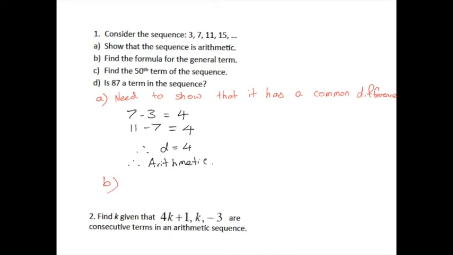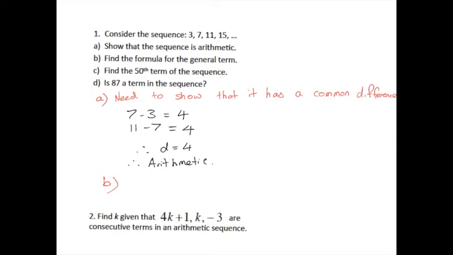B. So now I want a formula. I want that U_n. What's the other thing I need to know to find the U_n formula? We've got d. Look at the formula again on the previous page. What was that other thing? No, it'll be in terms of n actually. What's the other thing in there? U1. Exactly.